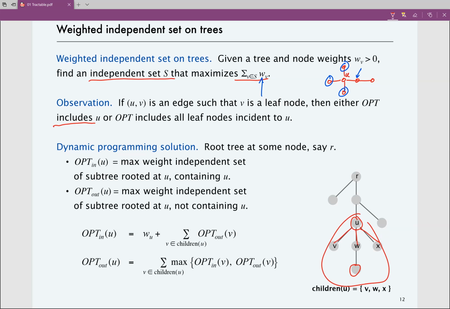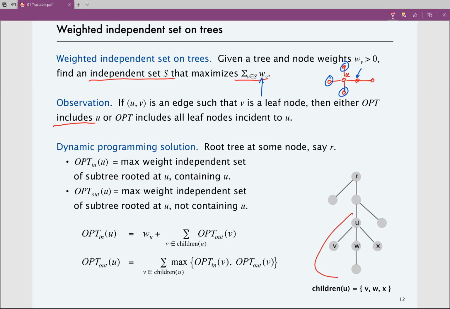This entire thing would be the subtree rooted at U. Now that we have this subtree notion, we're going to define two values: opt-in of U and opt-out of U. U is any arbitrary node in the graph, and opt-in of U is defined as the maximum weight independent set of the subtree rooted at U, where U has to be part of this independent set.